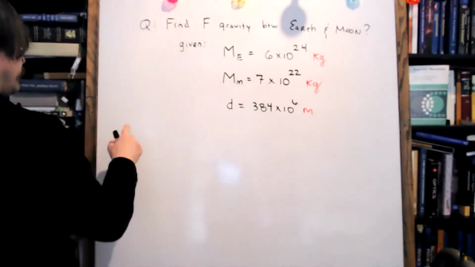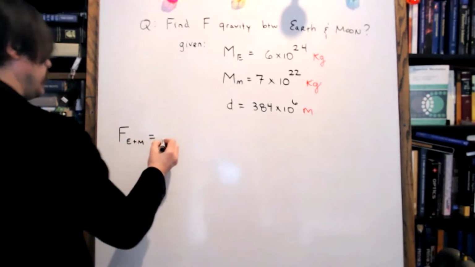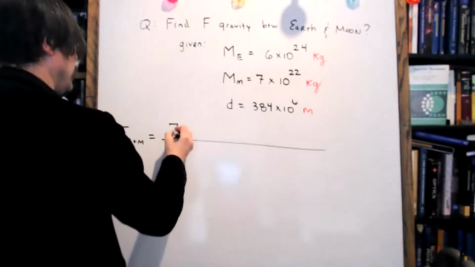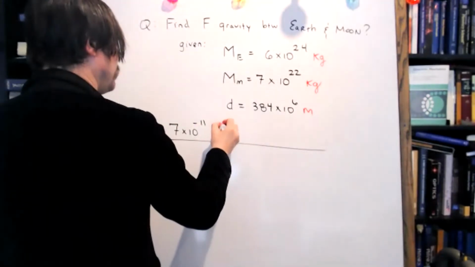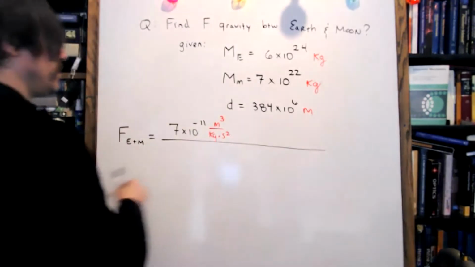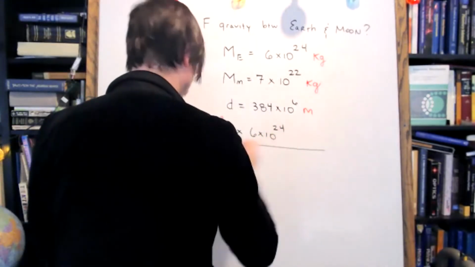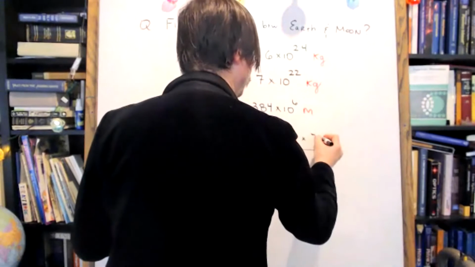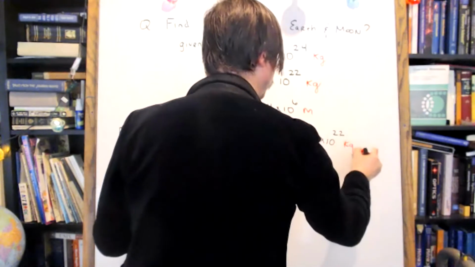All right, let's set it up as follows. The force of gravity between the Earth and the moon. I'm going to need a big division bar because there's going to be a lot in here. First, we'll put in big G, 7 times 10 to the minus 11 meters cubed per kilogram per second squared, times the mass of the Earth, 6 times 10 to the 24 kilograms, times the mass of the moon, 7 times 10 to the 22 kilograms.